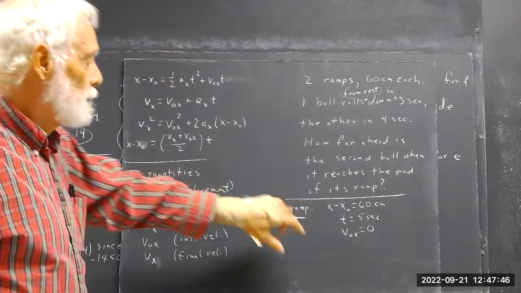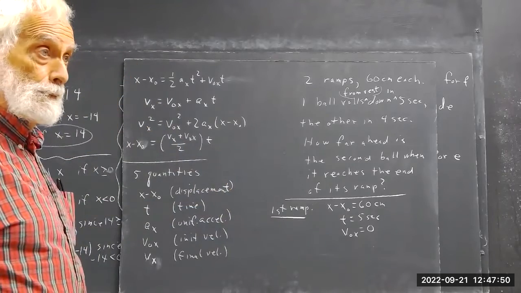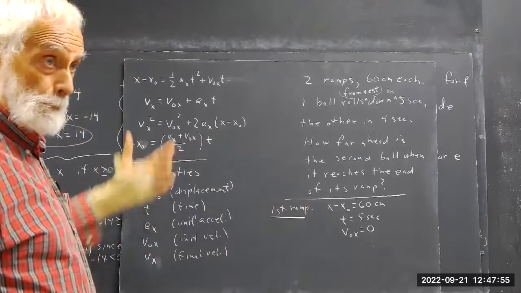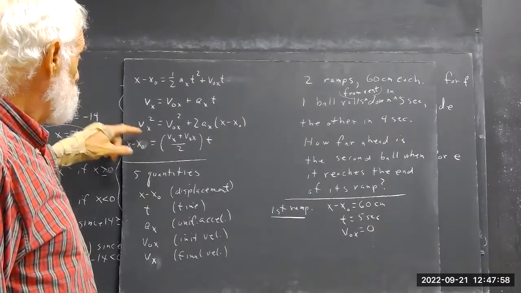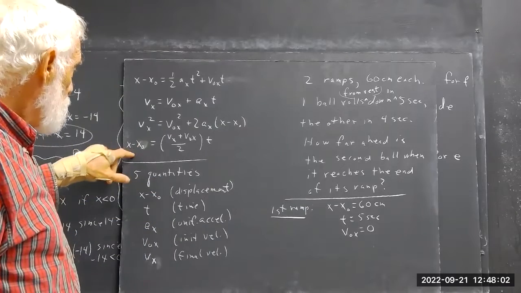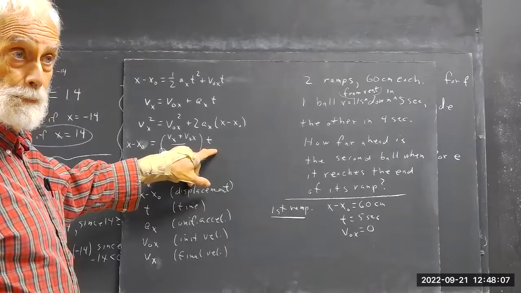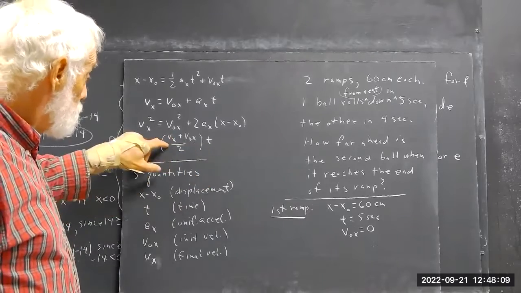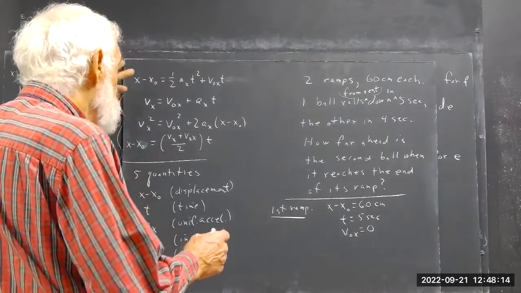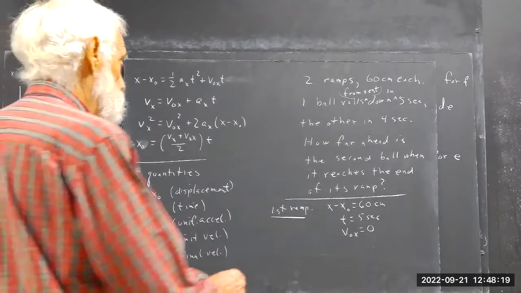How many equations are there that the three variables that we know will fit? Okay, this one, we don't know Vx, we don't know ax. What about this? Well, we know x minus x naught, we know V naught x, and we know t. So we could use this equation to find Vx, or we could use this equation to find ax.